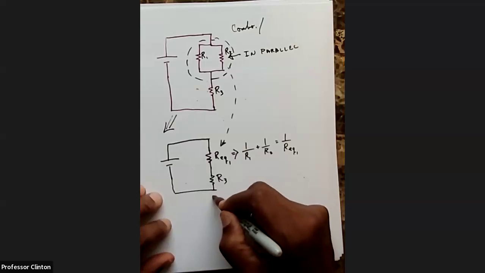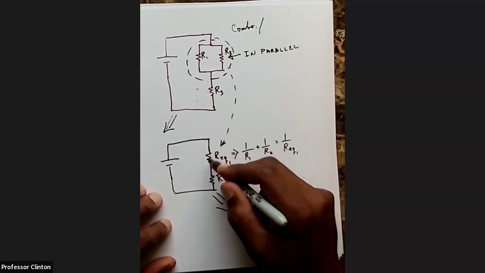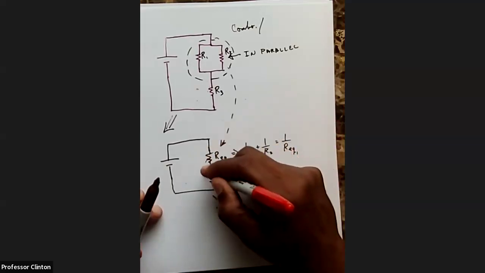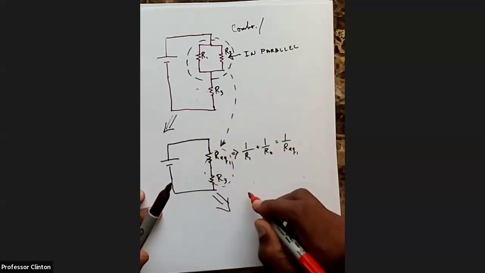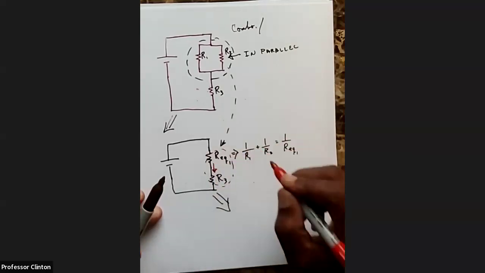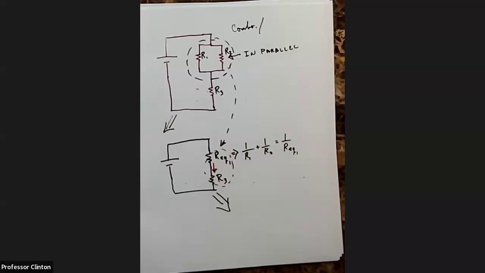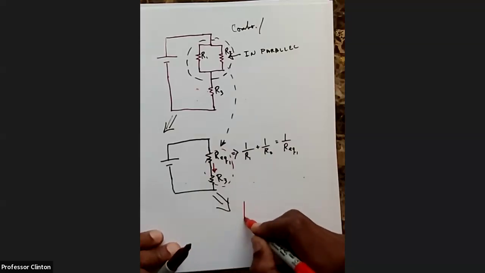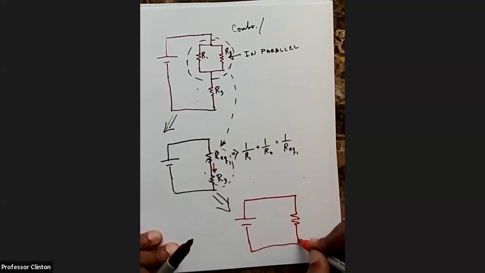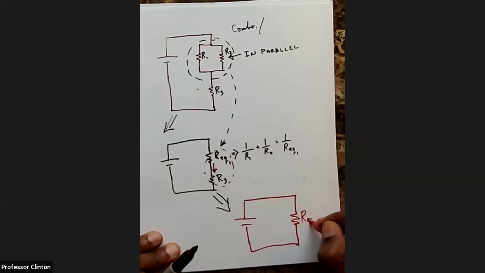Our next step here would be to add these two resistors. You would take whatever value you get here, and since they're in series, remember, these two only have one direction to go. Your new circuit would look something like this, and maybe I call that R equivalent, and that would come by adding R equivalent 1 plus R3.